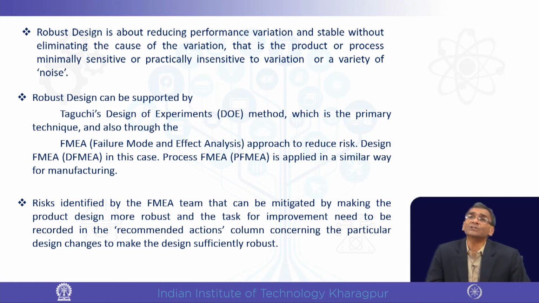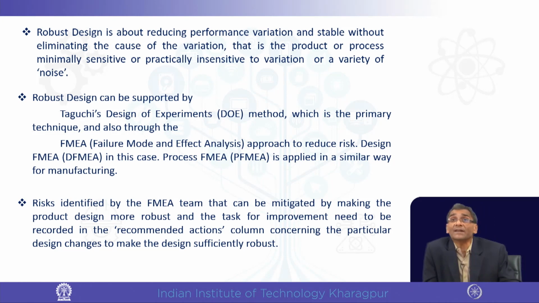There is a format in FMEA that you can always find from the website, where there is a recommended action, what to do. So, one will note down the action to be taken to mitigate that risk. If something is getting corroded, then what is necessary? The material should either be plated or be painted, then one will have to examine which one is more long lasting or cost effective, etc. The design aspect of it.